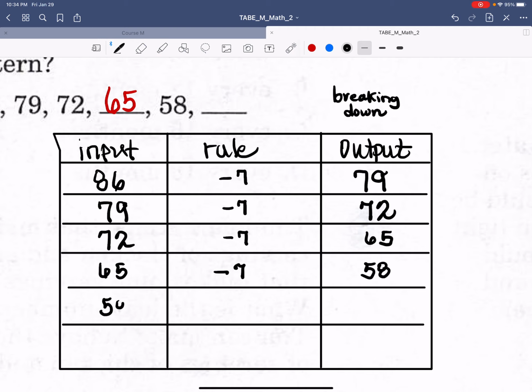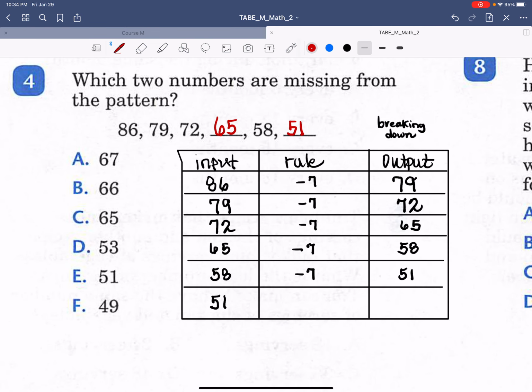And then 58 minus 7 is 51. And that is the second of the unknowns. So when I go to pick an answer here, I want to choose 2. We have to choose 2 answers. 65 and 51.